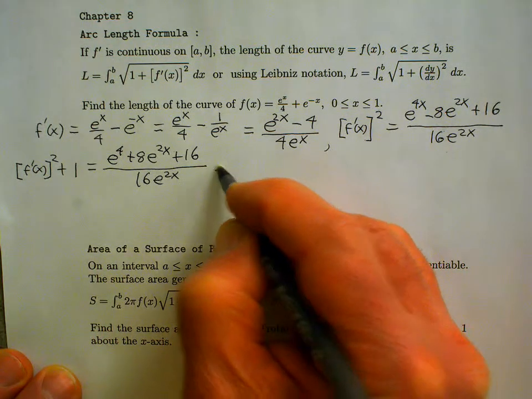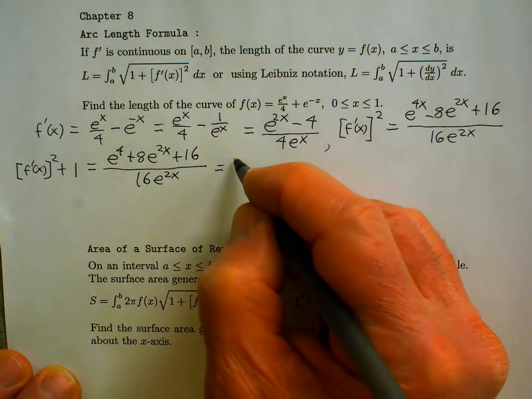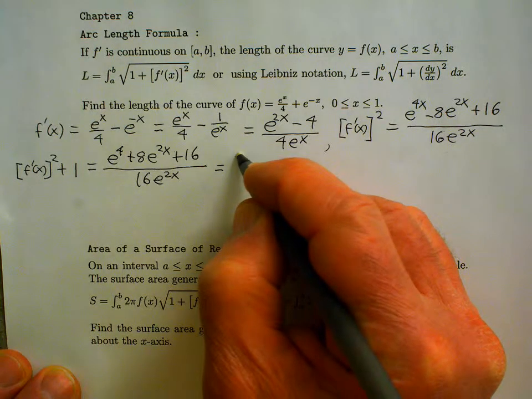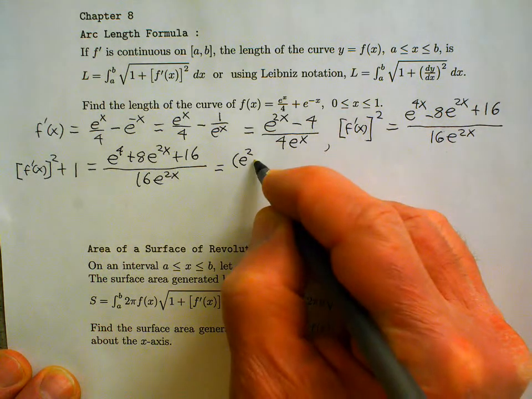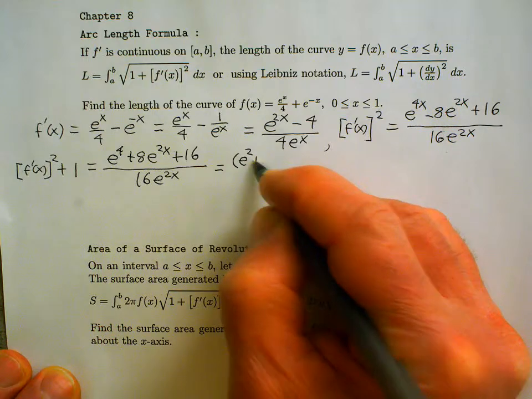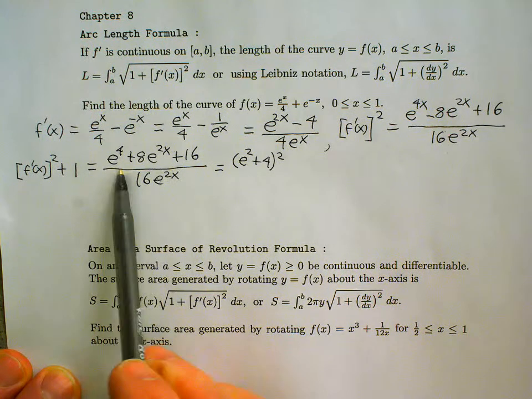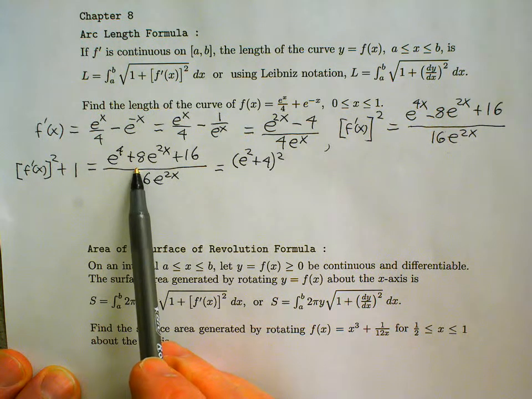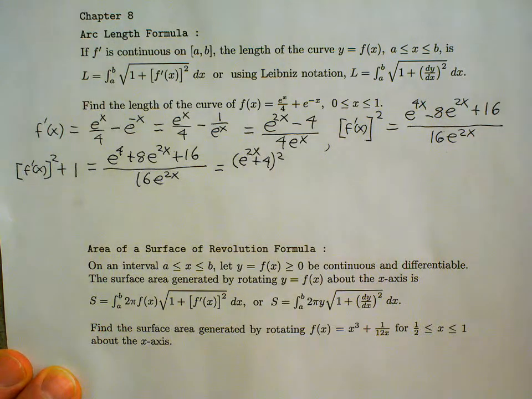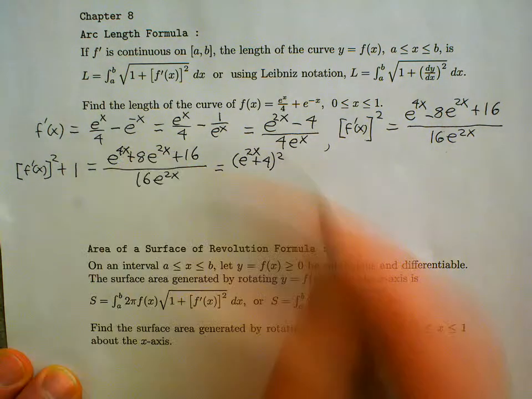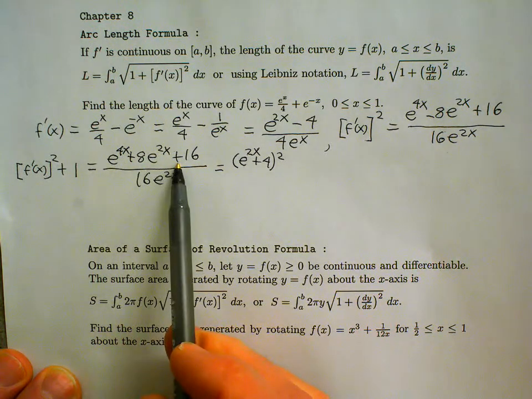But notice that it's a perfect square in the numerator. If we square the term e to the 2x plus 4, we get this numerator, e to the 4x plus 8e to the 2x plus 16.